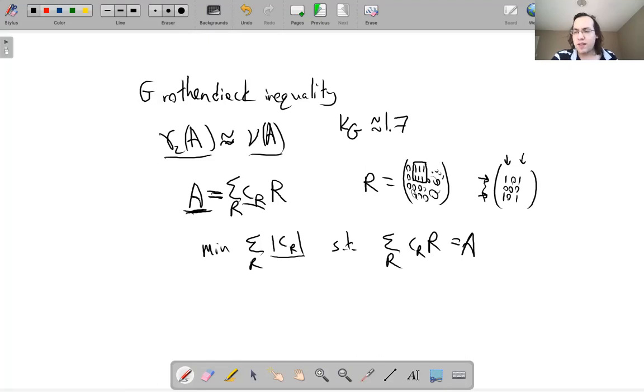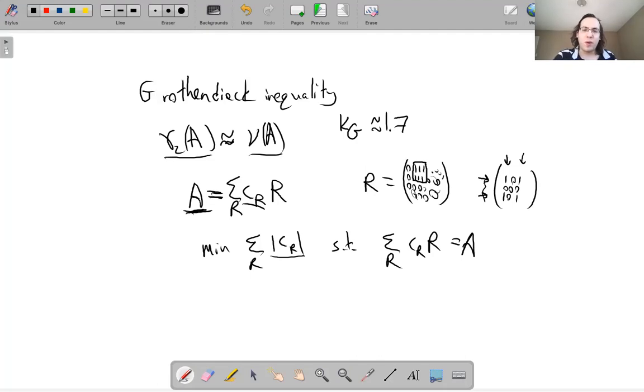Now, remembering that rectangles were roughly corresponding to monomials, this is like saying that instead of counting the number of monomials and taking a log, what we're going to do here is sum the absolute values of the coefficients.